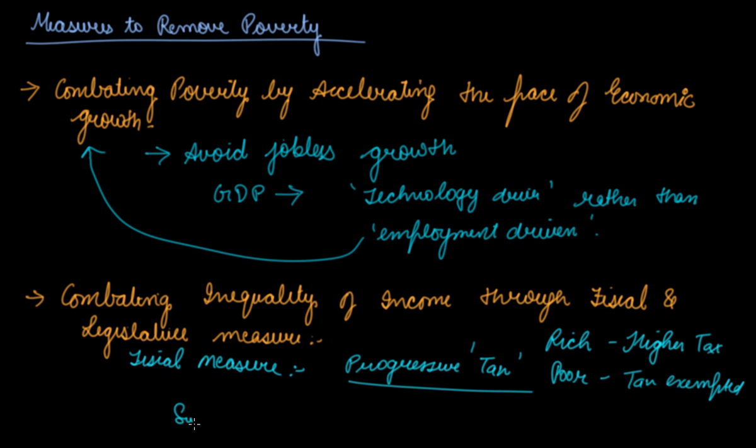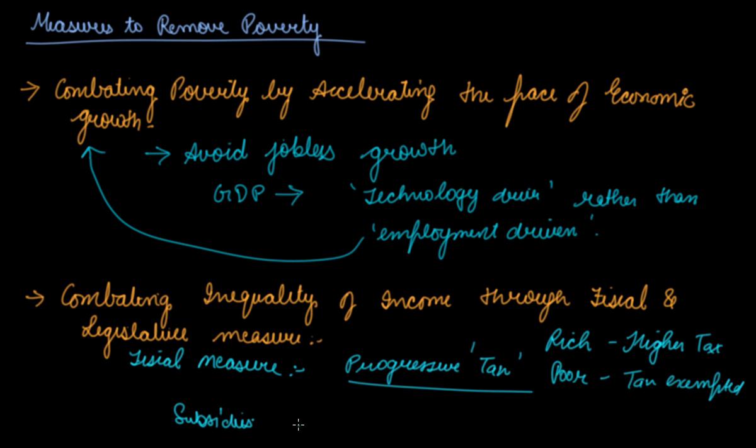Also, subsidies should be provided to the poor in order to purchase the goods. So, subsidies can be offered on items like coarse cloth and coarse grains. Capital grants may be offered to the poor for the construction of their houses. So, all these fiscal measures can help to combat poverty from India.